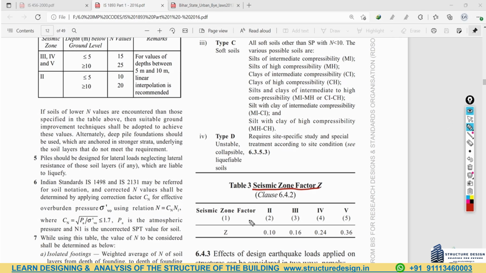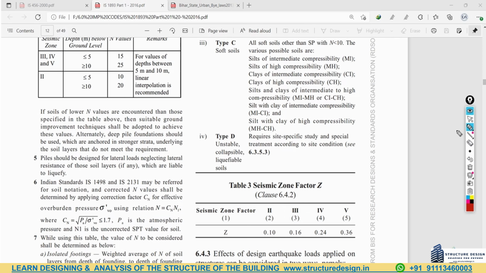For every zone there will be a zone factor. Suppose you are doing a building in Bangalore, which comes under zone 2, it will have a factor of 0.1, zone 3 is 0.16, zone 4 is 0.24, and zone 5 is 0.36.